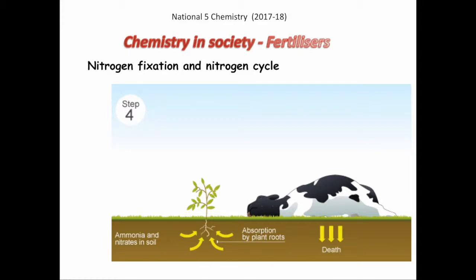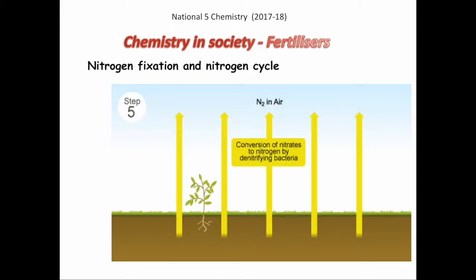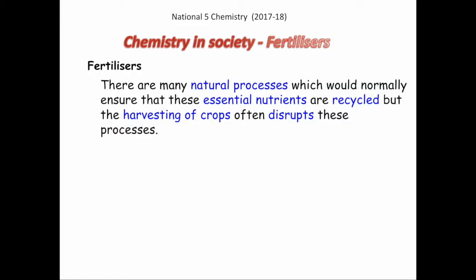These are decomposed by decomposing bacteria, and then denitrifying bacteria act on this decomposed material, releasing nitrogen back into the air. So this whole cyclic process helps in maintaining the balance of nitrogen in the air as well as provides the necessary essential nitrates to plants and animals.